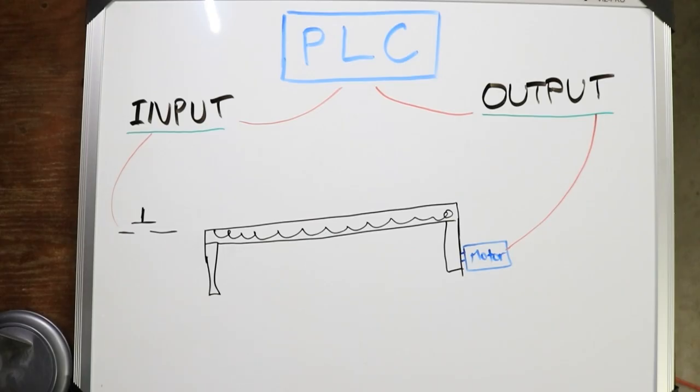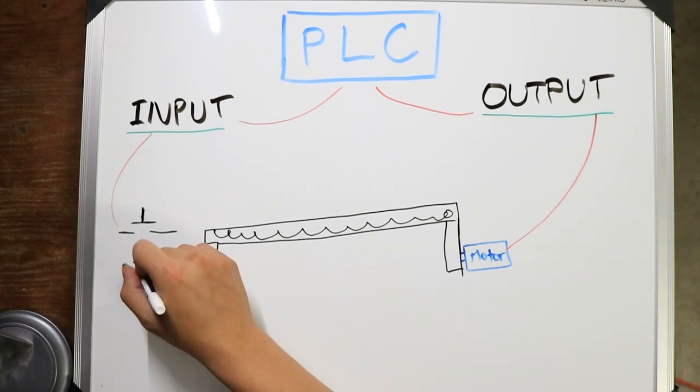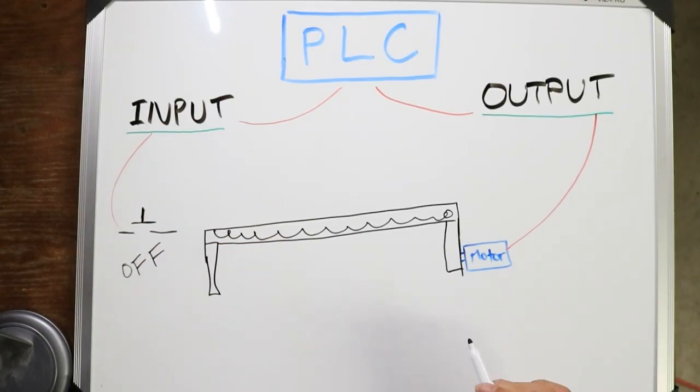And currently in its normal state, that means nobody's touching anything. It's being left alone. Nobody's activating anything. What is its normal state right now? Currently, it is off. This push button is off. Okay?